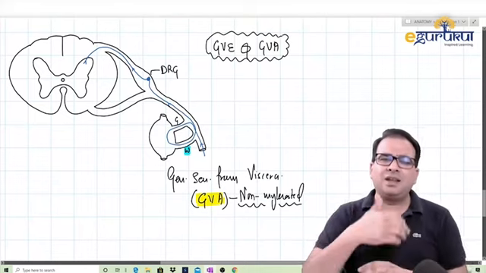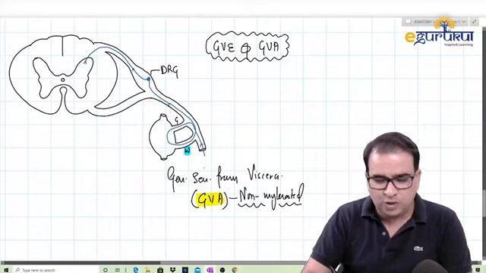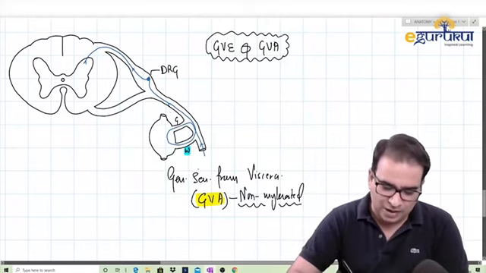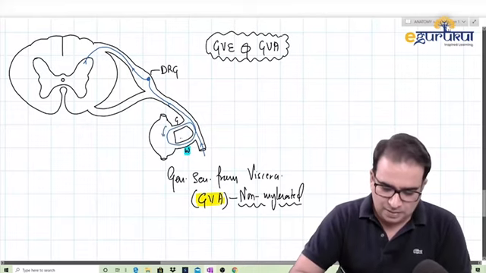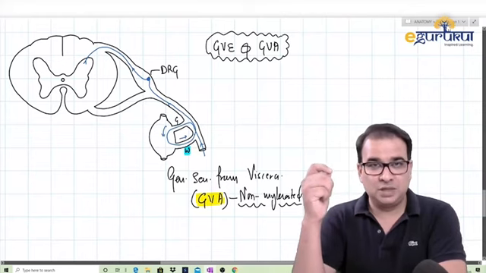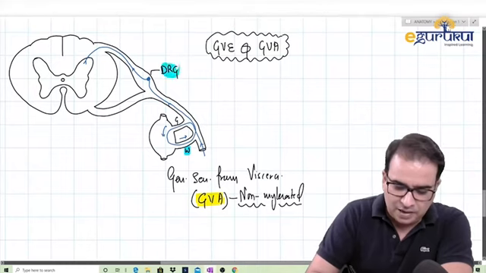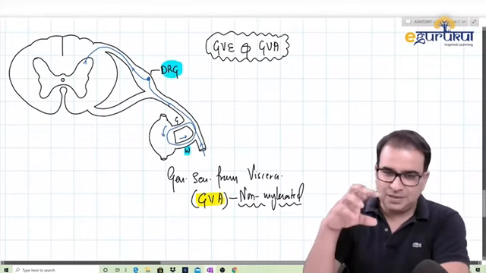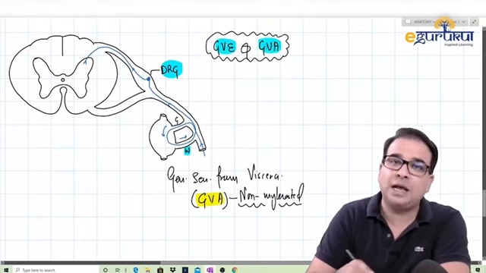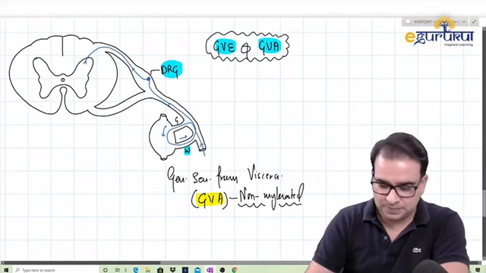You can say they enter through the white Ramus and go out through the gray Ramus, but because we're talking about sensory, it's always good to say they enter through the gray Ramus communicans, and then exit through the white Ramus communicans to go back to the dorsal root this time, once again having their pseudo-unipolar neurons in the dorsal root ganglia, and finally into the spinal cord. So the sympathetic chain has, apart from GVE, also GVA type of fibers: general sensation from the viscera, non-myelinated axons.